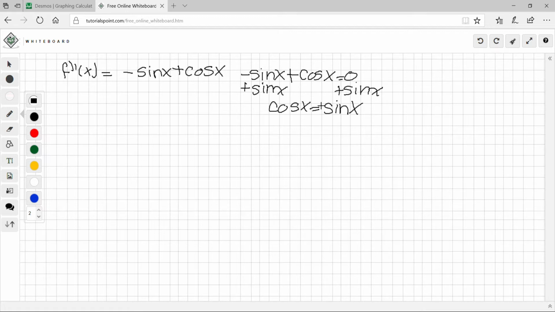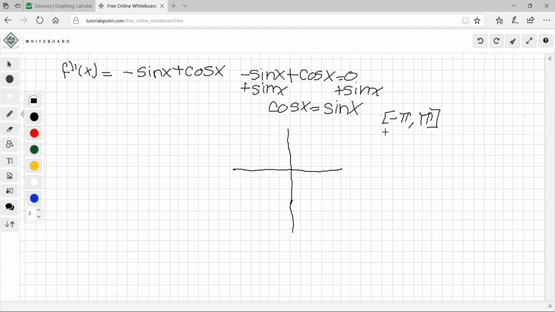So let me graph my coordinates. And we're still from the intervals of negative pi to pi.